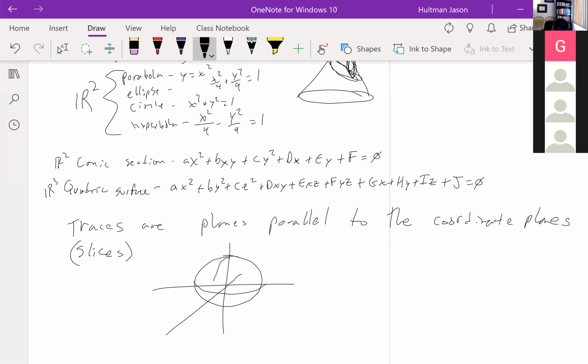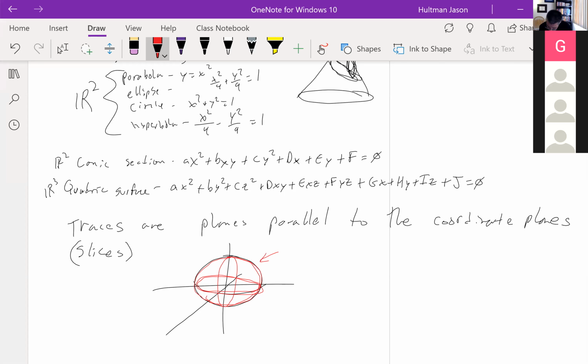I could have a trace here, and another trace here, and that's in the y direction. That's the y plane. This is the xz plane. What's the other one? It's the big circle. This would be a trace. So those are three traces, and what do they allow me to do? They allow me to trace the surface.